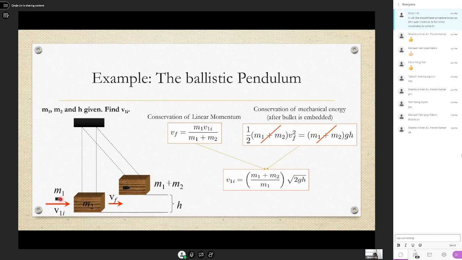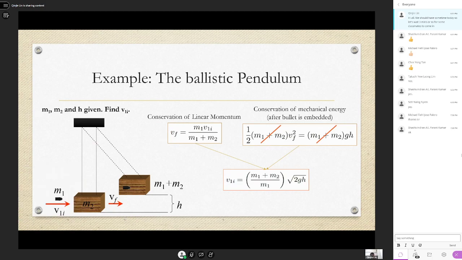So when this bullet collides with the block, in this system we are going to have the conservation of linear momentum. Because it gets stuck together, we are going to have M1 plus M2 times VF equals M1 V1I. Actually, this is already a shortcut to make VF the subject.